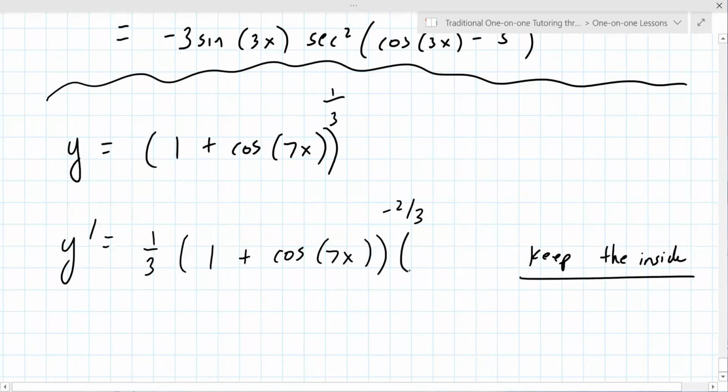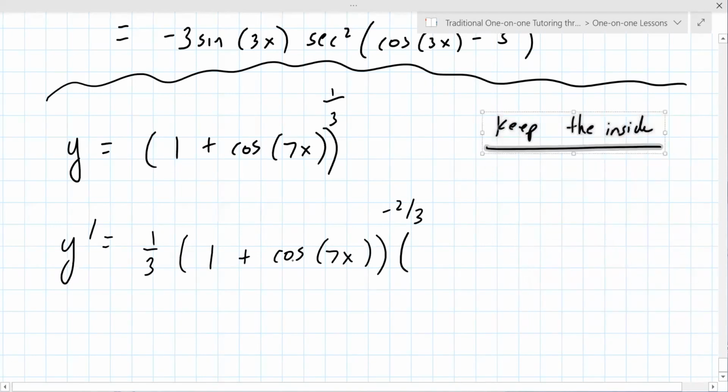Okay, and then you keep going. What's the derivative of 1? 0. So I wouldn't even write it. Derivative of cosine is minus sine. Sine 7x times 7. And you're done.